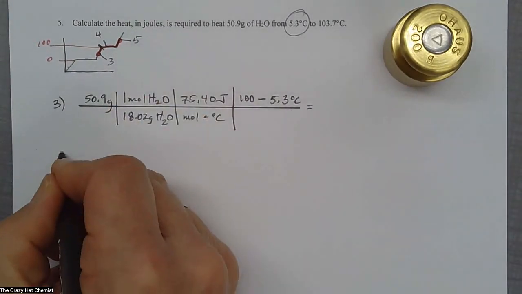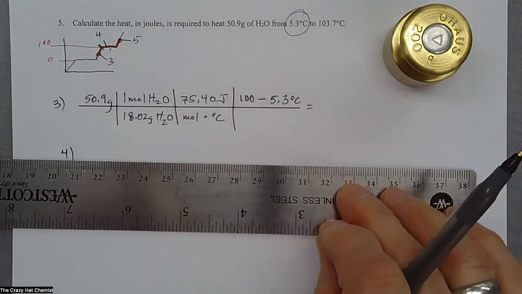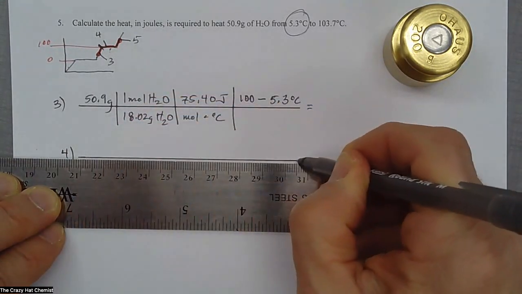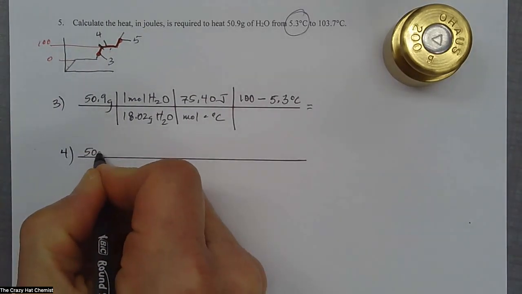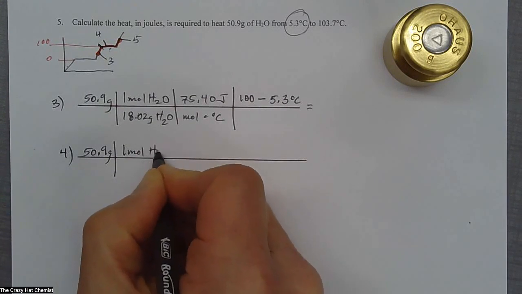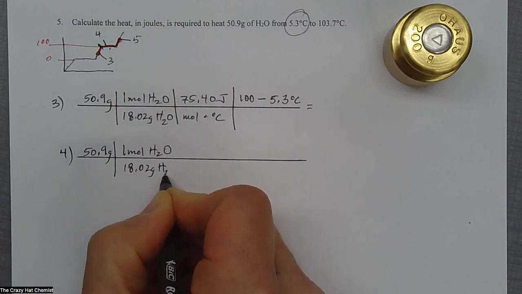Then there's step number 4. Step number 4 is the heat of vaporization. That's the constant that we're using right there, the molar heat of vaporization. And so again, we have the same 50.9 grams and 1 mole of H2O and 18.02 grams of H2O.